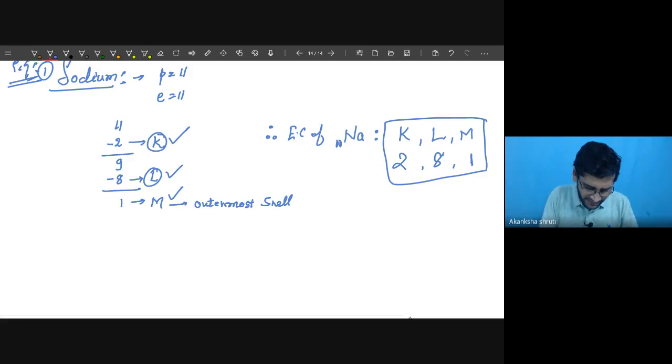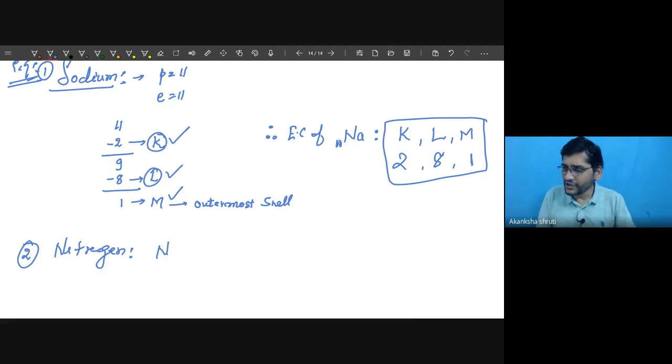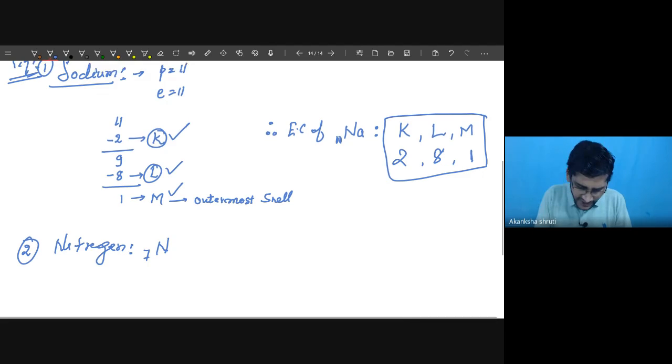Students, if I consider nitrogen, what is the serial number or atomic number we have learned? It is 7. So for 7, you just start distributing.